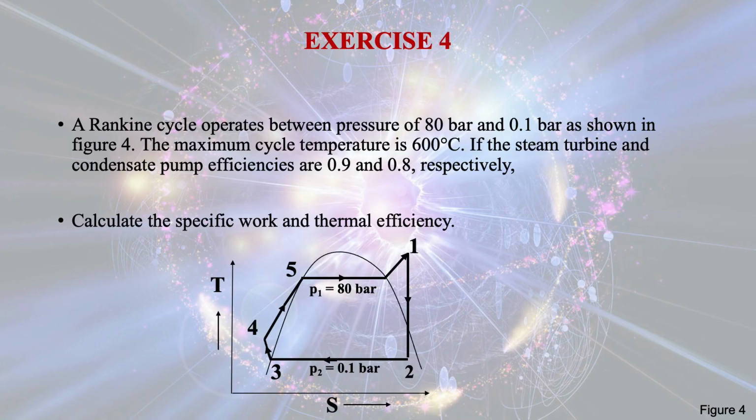So for this problem, a Rankine cycle operates between pressure 80 bar and 0.1 bar as shown in figure 4. The maximum cycle temperature is 600 degrees centigrade. If the steam turbine and condensate pump efficiencies are 0.9 and 0.8 respectively, calculate the specific work and thermal efficiency.